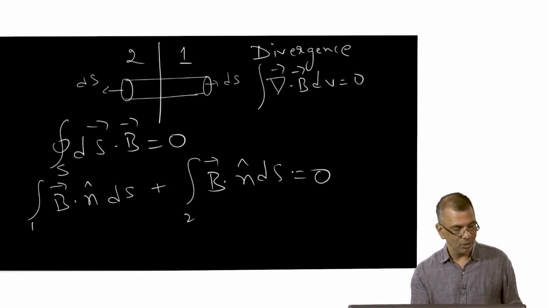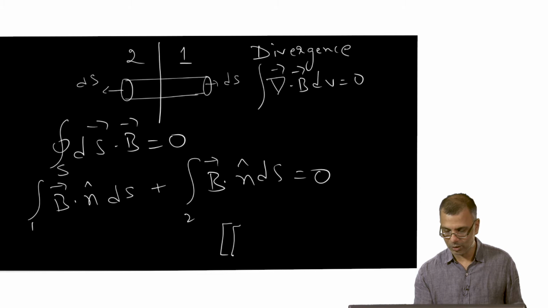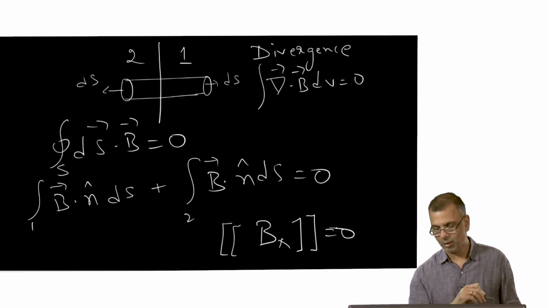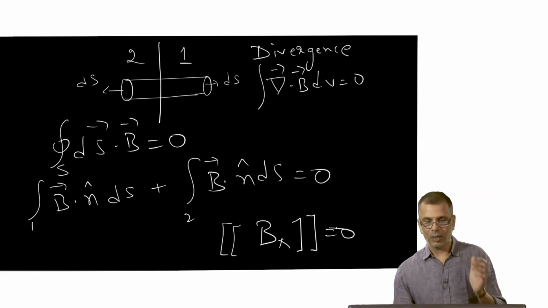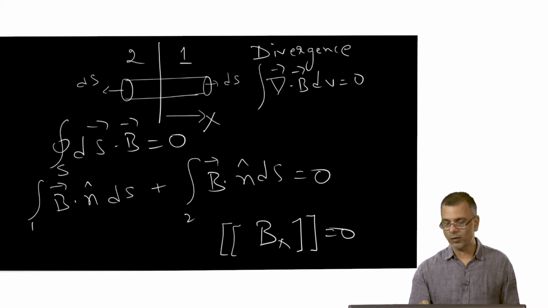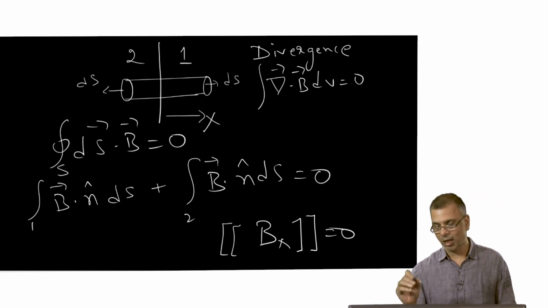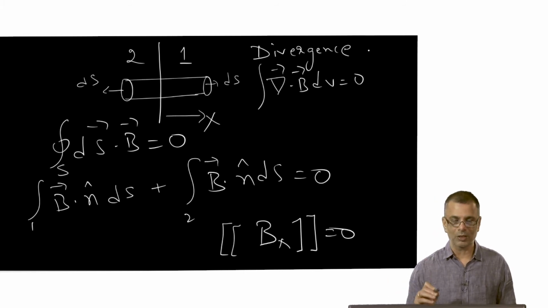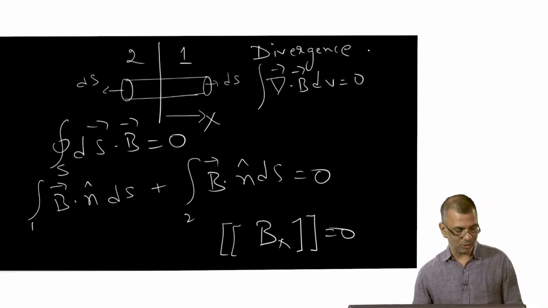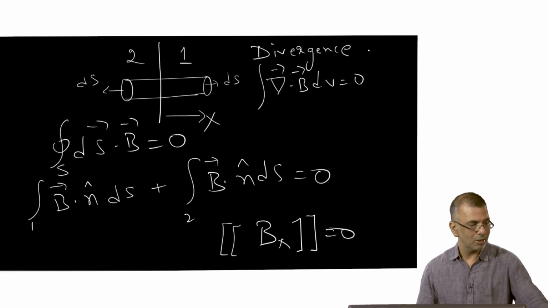This is equal to 0, which essentially tells you that this is the jump, and x is of course the direction of propagation of the shock. So the difference in Bx on the two sides of the shock has to be equal to 0. This is what comes from the divergence constraint. The normal component of B remains constant across a shock. This is one of the main things, right?